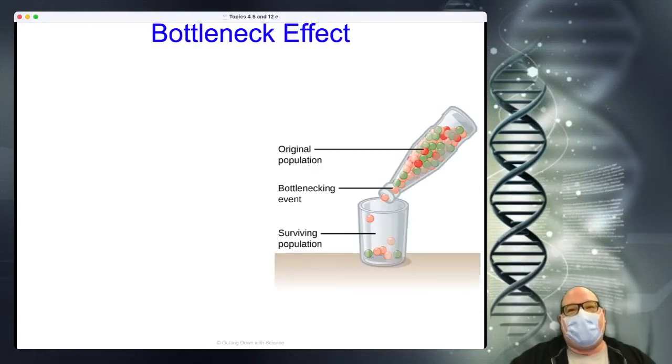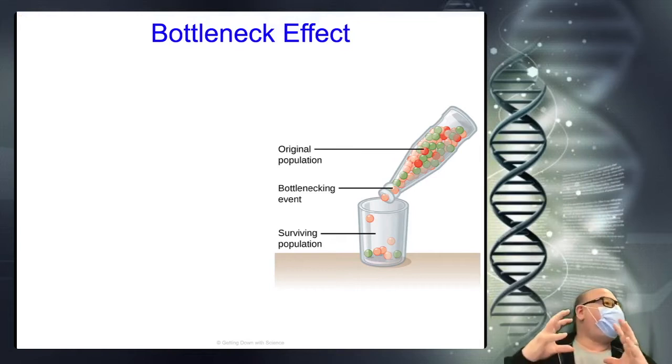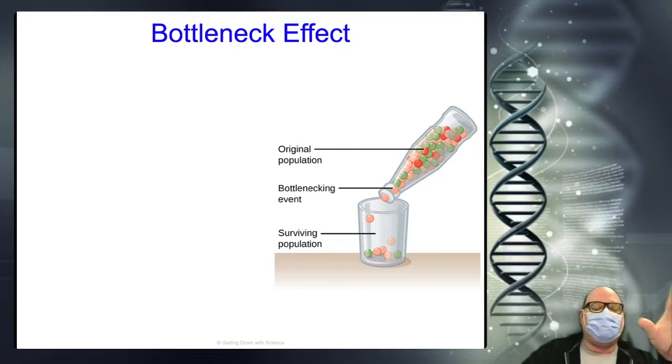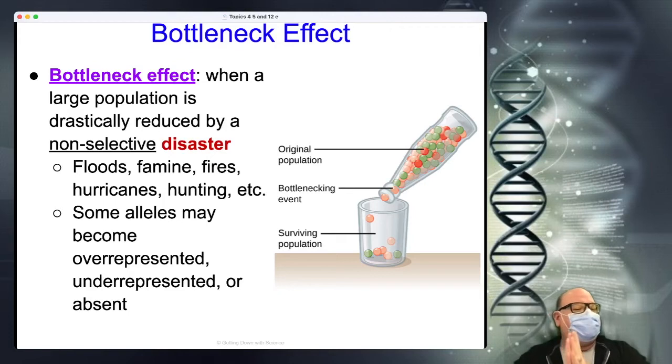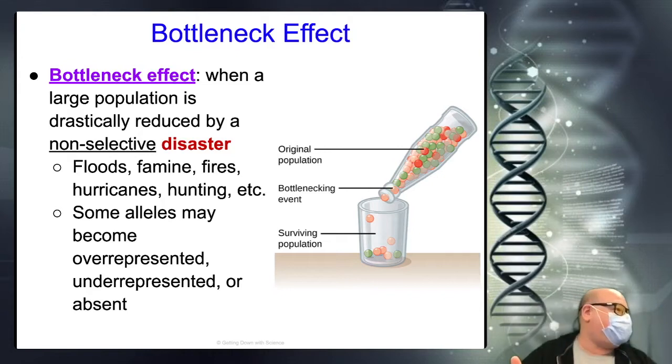So here's an actual bottleneck. You might see something like this when a subpopulation migrates. Well, that's the founder effect. Never mind. So a bottleneck is when a large population is reduced by some natural disaster that's non-selecting.